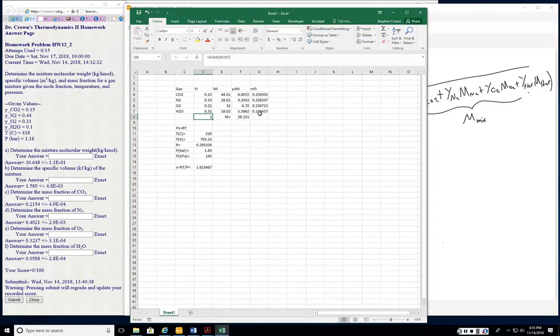Maybe my mass fractions, I should do the same. It's another check that everything's good. And now I've got something I can do any problem with these 4 gases, different mole fractions, different temperatures, different pressures. If I don't like this idea of having K and kPa in here, then I just build it into my equation.